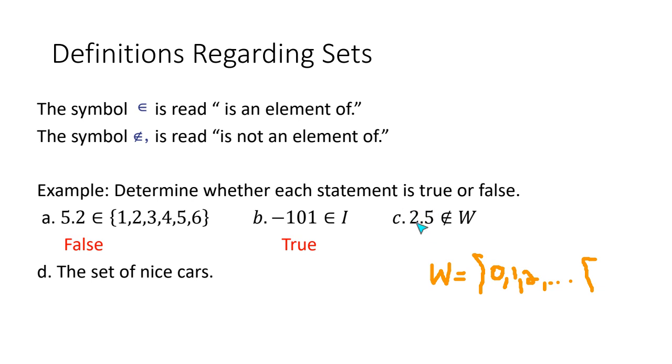Don't forget, if it has a line here, then that means it's not an element. 2.5 is not in here, so this makes it a true statement, because 2.5 is not a whole number.